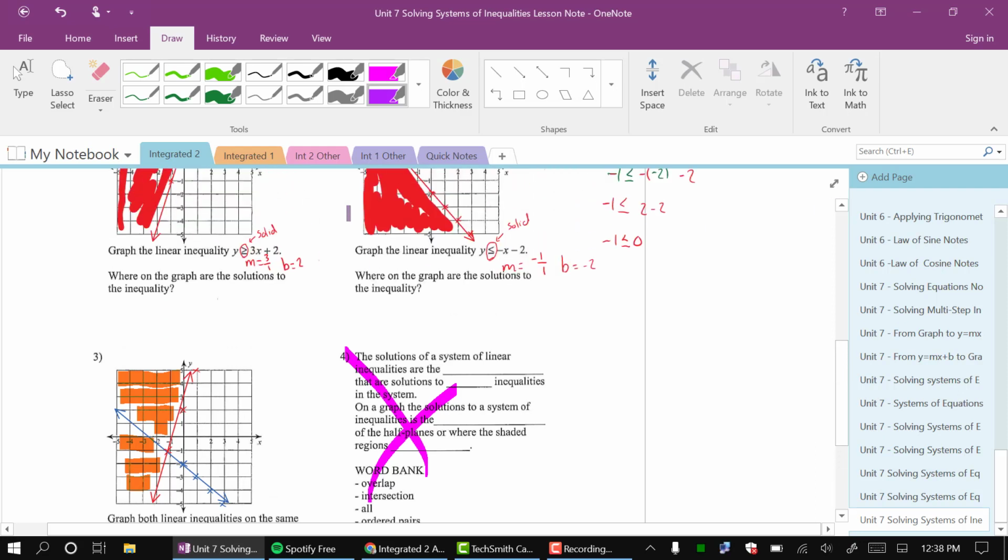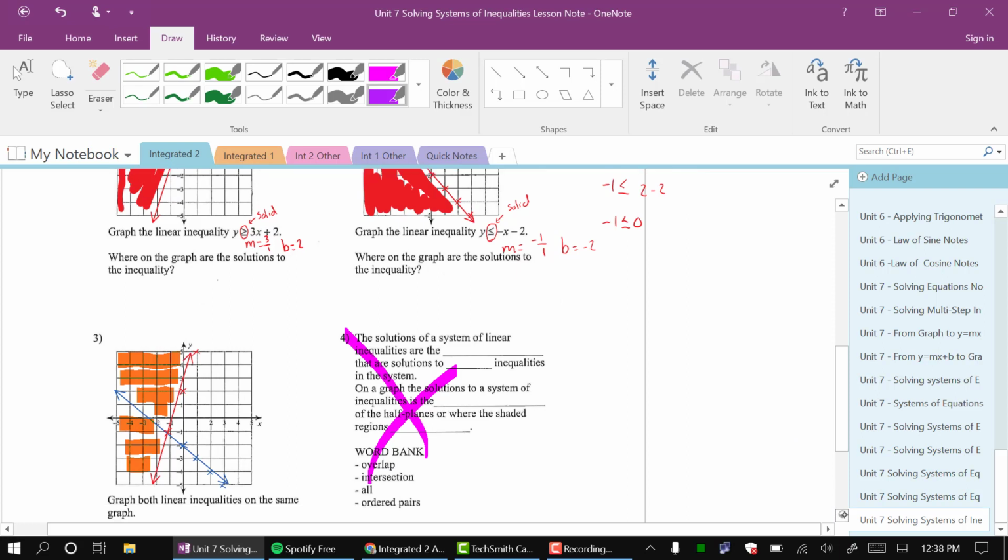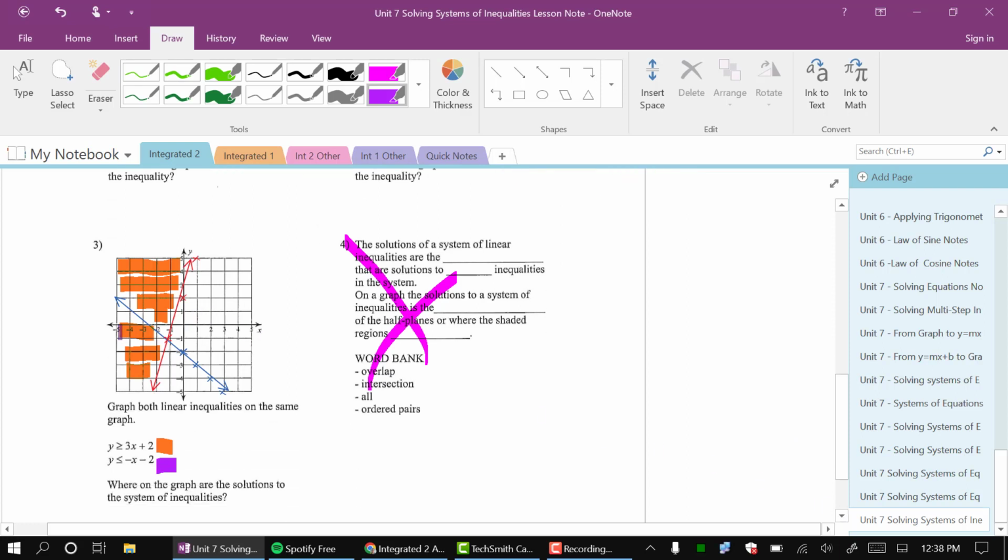So we shaded in all that. Now we're going to shade in all this. What we want to find is the area that we double shaded in. So this area right here is the solution to our system of inequalities. Points from here are going to make both statements true. So that would be what our solution is to a system of inequalities.